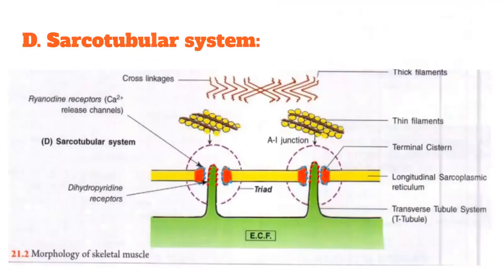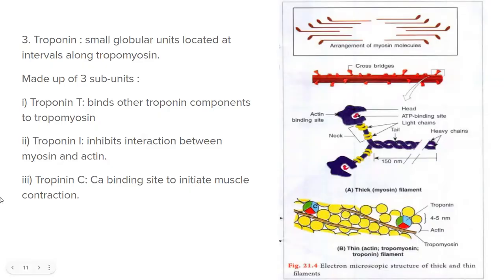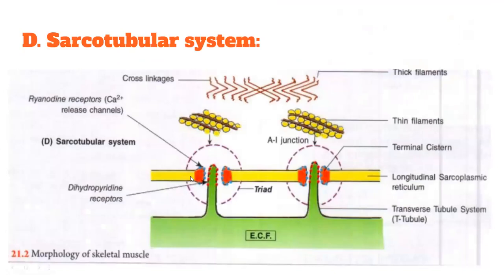Now, we'll be talking about something called the T-tubular system, the sarcotubular system. This is how a depolarization extends from the sarcoplasm, which is the surrounding layer, into the myofibrils.